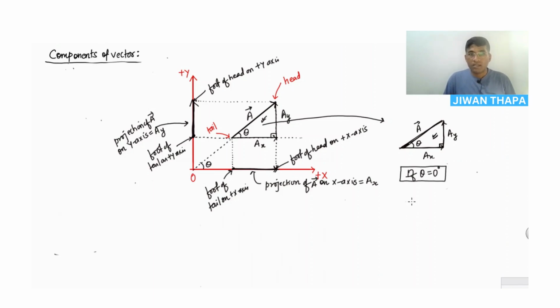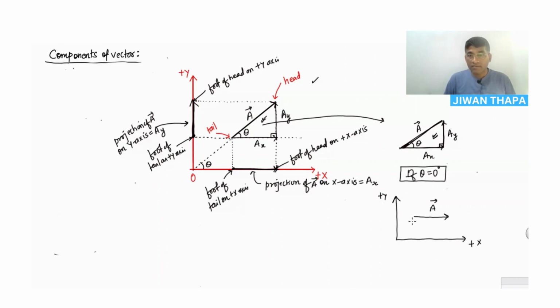Let's see from this figure. We have the positive x-axis along this direction, and plus y. If theta is 0, then vector A is parallel to the positive x-axis.